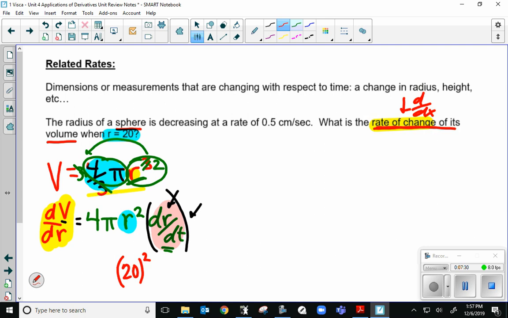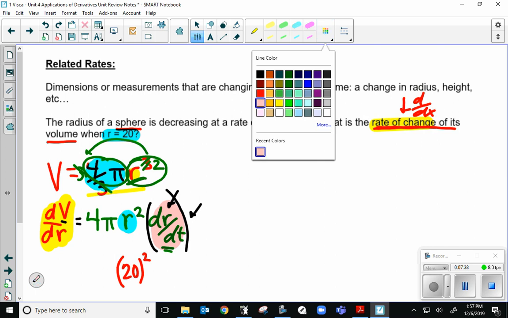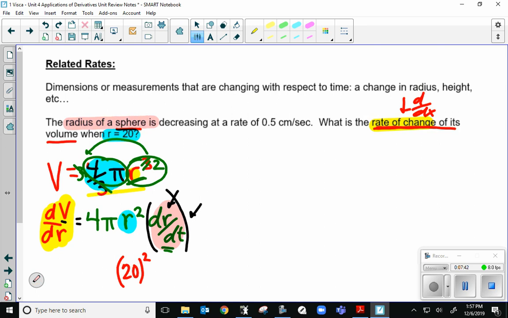And then they say this: the radius of my sphere is decreasing at a rate of 0.5 centimeters per second. Meaning, this is not the value of my radius. My radius is 20. This is the rate of my radius, and it is decreasing, which means it's negative 0.5 centimeters per second.